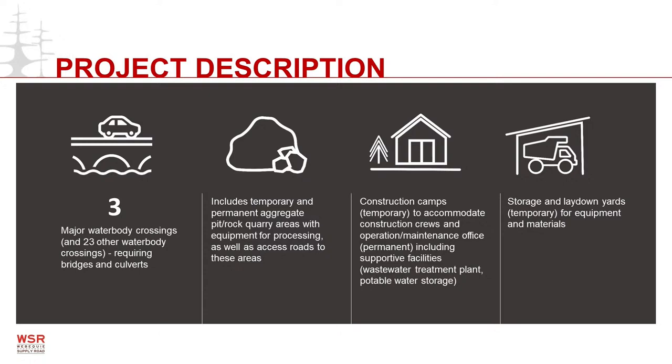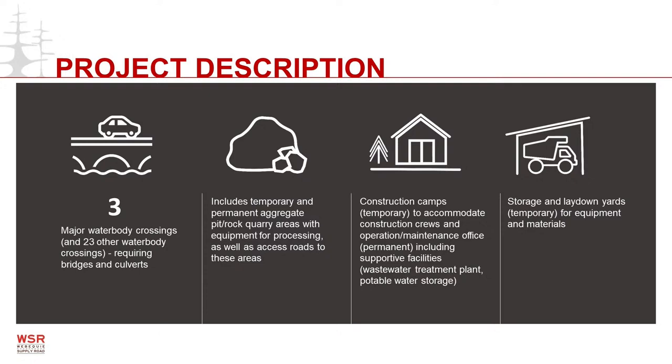There are two other major crossings. The next one is to the southeast of the first crossing over Winiscus's Channel, and it's about 35 to 50 meters wide. I forgot to mention the Winisk Lake crossing is around 250 meters wide, so that would be a very, very large span bridge.